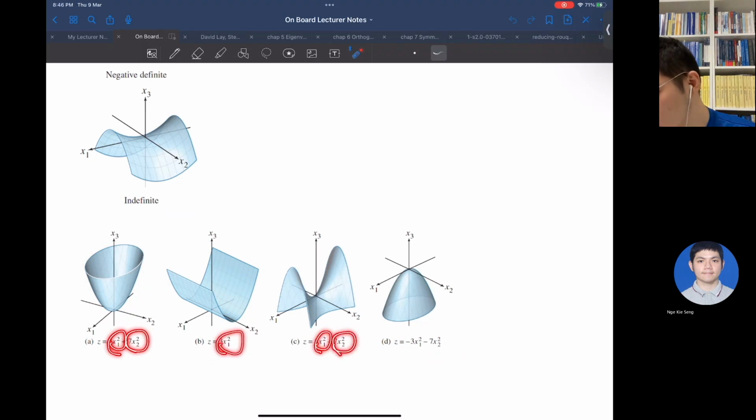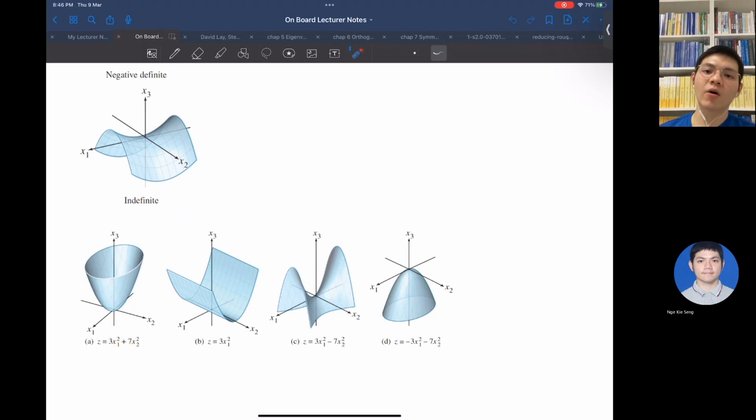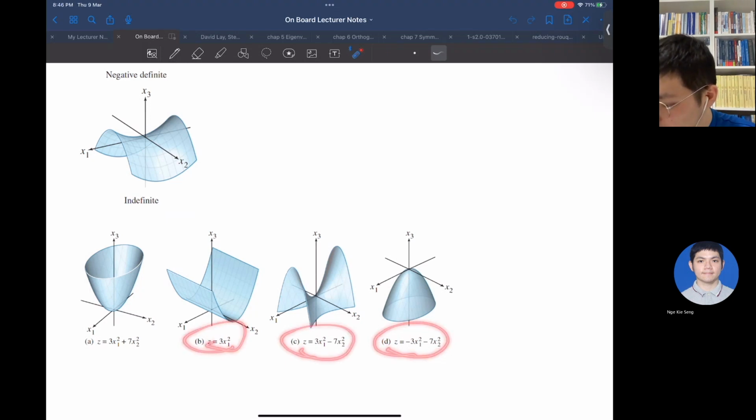So if we substitute numbers for x1, x2, you always get a positive number. For example, 3 times a positive number plus 7 times a positive number is always positive. But at the zero point, you will get 0 plus 0, which is attained by this cone here. For example, D, C, and B all have the zero point.